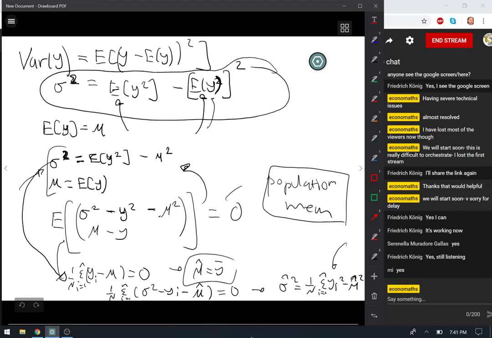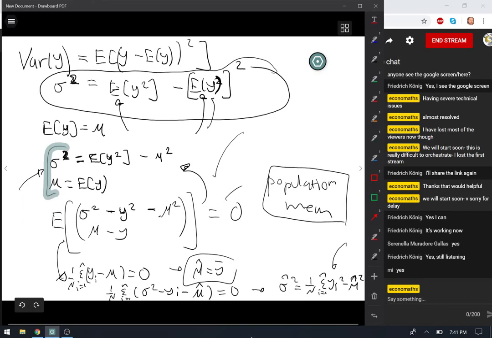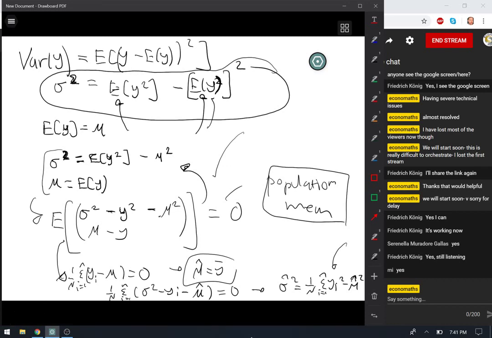Writing it formally in this moment condition way says the same thing. It gets the sample versions of these two, which you can write as an equation and then solve. So it's in essence just the same thing. Okay, so that's the method of moments. Broadly speaking, you replace the population average with the sample average.